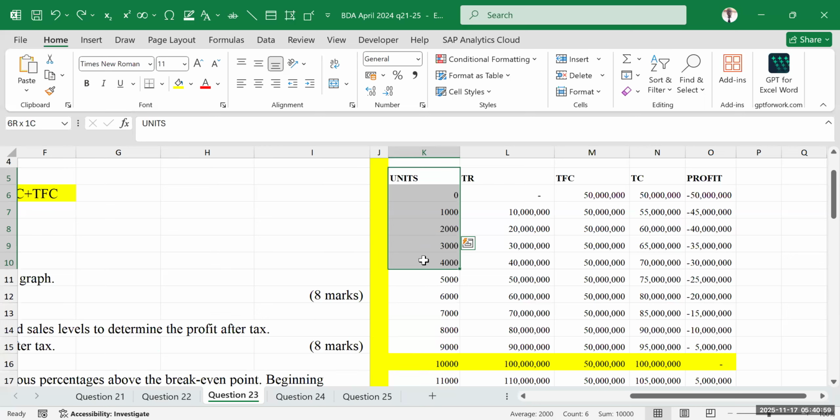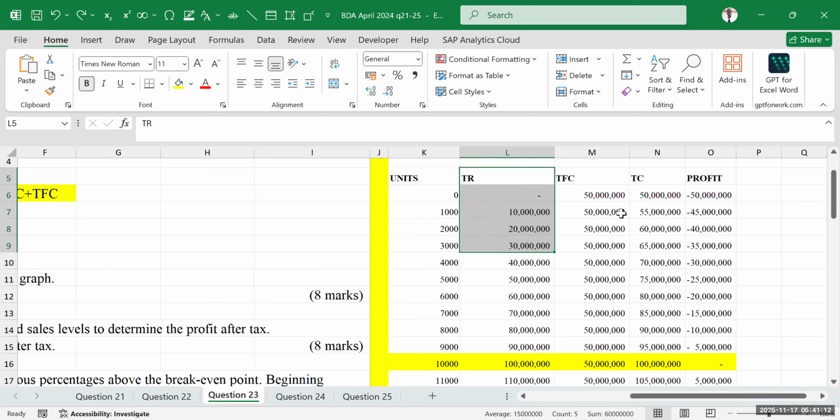Yes? Then, after the units, because we need to show the profit and loss zone, we need to show the break-even point and the profit and loss zone. For us to make a profit, we have to compare total revenue and total cost. You get that, members? We have to compare total revenue and total cost. So those two columns must also appear in our graph.